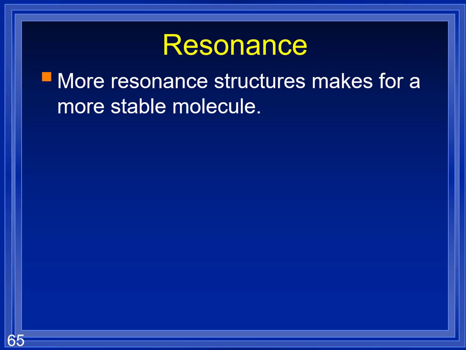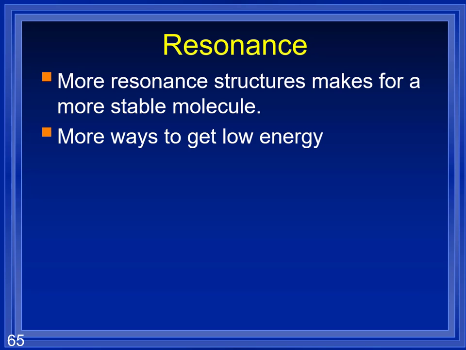What's special about resonance? The more resonance structures it can make, the more stable the chemical is. So things that can make multiple resonance structures are more stable. They're more stable because there's more ways to have low energy.